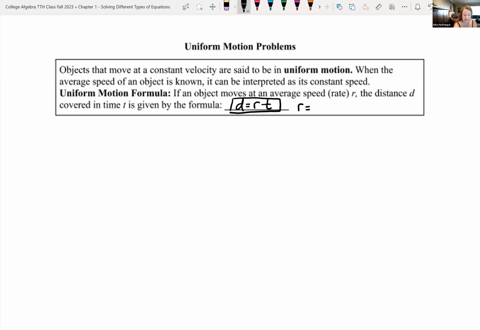So we know that rate is also equal to distance over time. Or if I wanted to find time, looking at the original formula, I can get time by itself by dividing both sides by our rate. So time is distance over rate. So these are other forms of the equations that you might see.